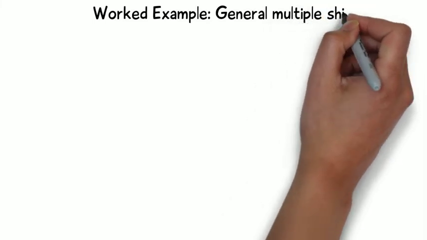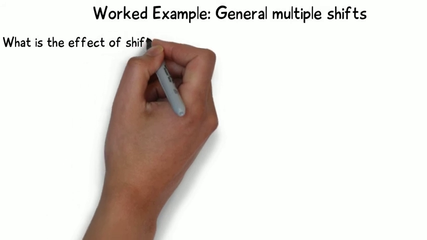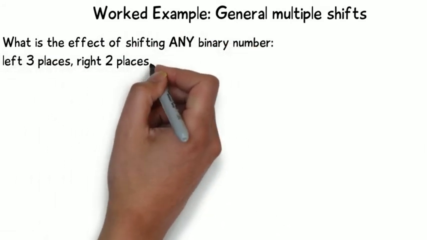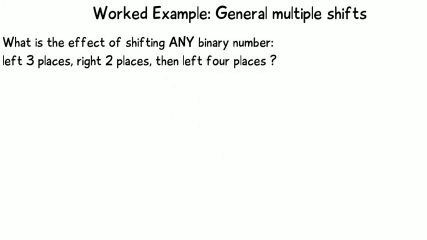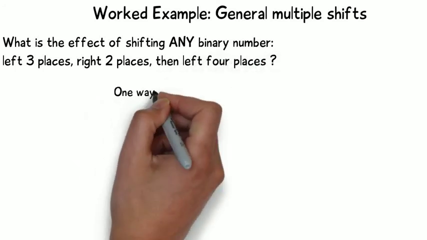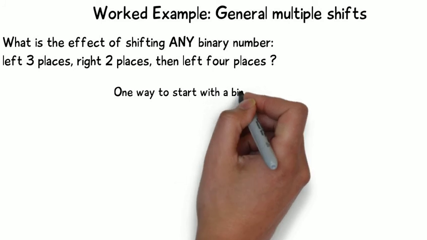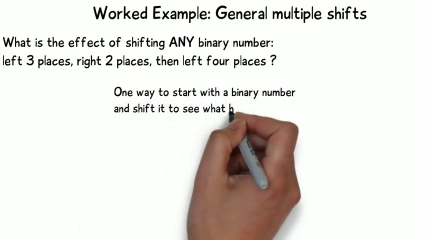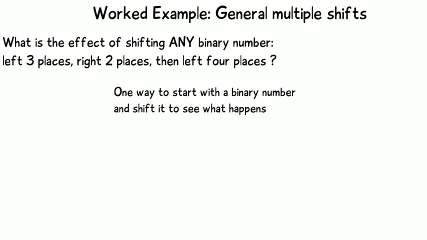So this is a very, very typical type of exam question. What's the effect of shifting any binary number left by 3 places, then right by 2 places, and then left by 4 places? Now, there's a lot of ways of doing this, and you might come up with your own faster way than this, but here's how I might break it down for you.